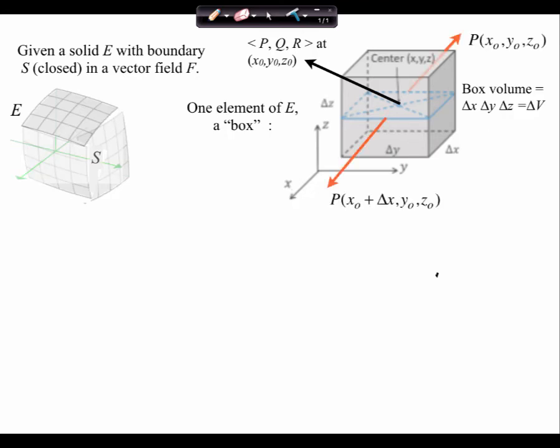So for instance, for the P component of that force, you might have a slightly different x component, so x naught plus delta x versus x naught, y naught, z naught. So as you move across that box by delta x, your P component might change a little bit, right?